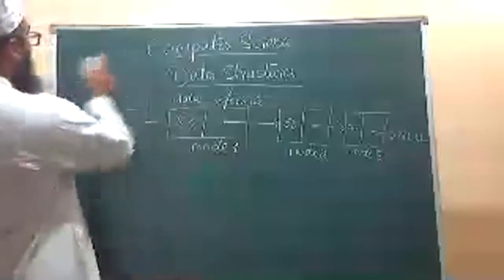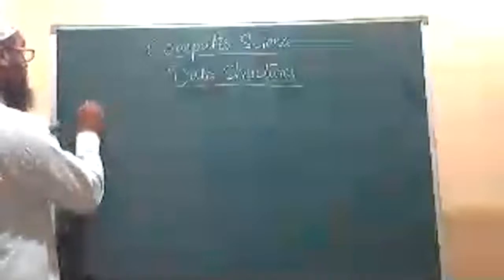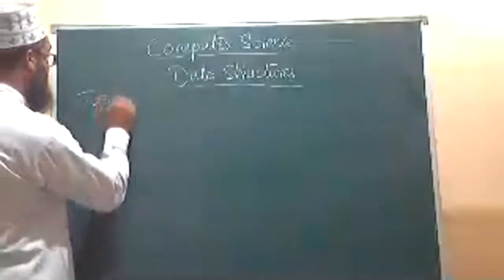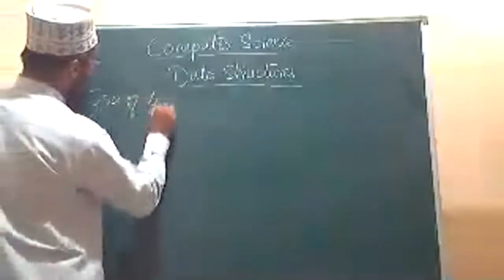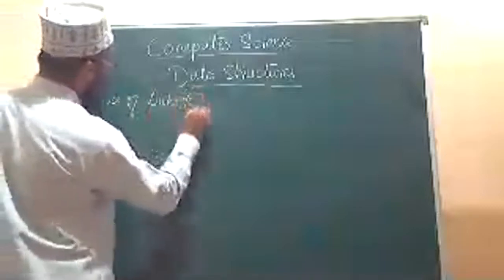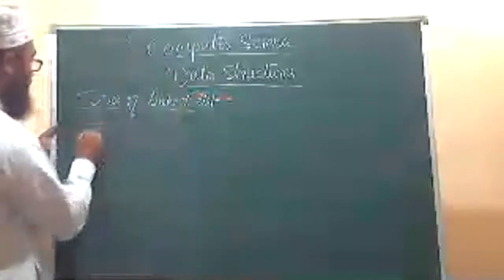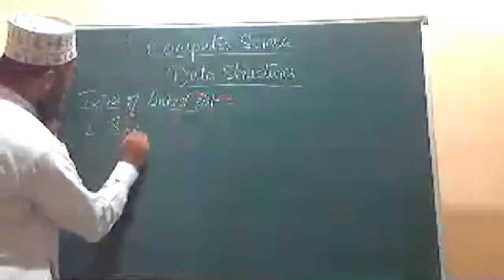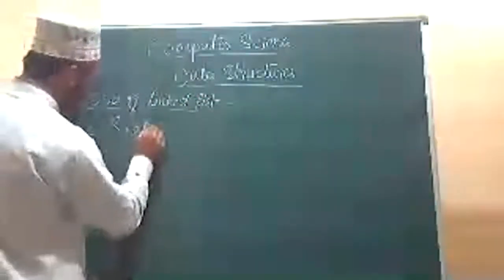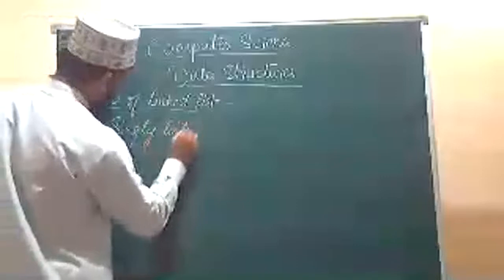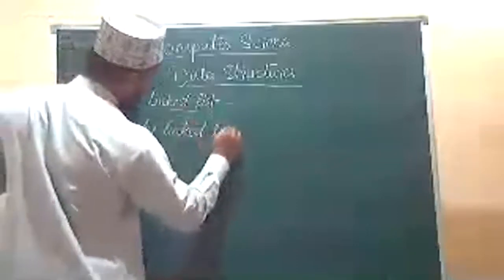Now, as we have types of stacks and types of queues, the same way here, there are types of linked list. There are three types of linked list. First one is single linked list, or we can call it singly linked list.